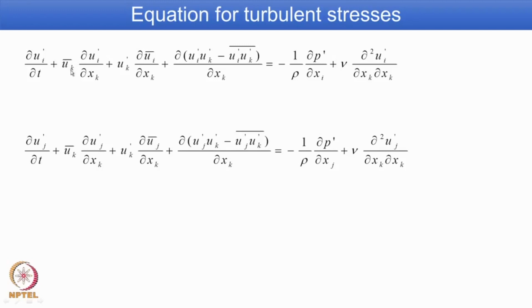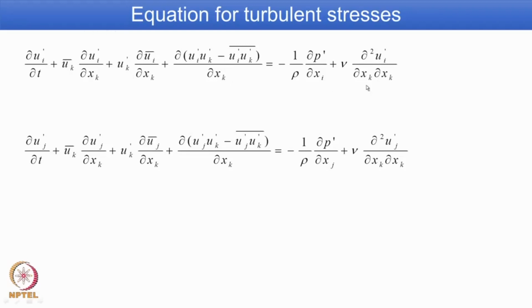So, in this case, for example, this is the original equation we obtained. I am rewriting that equation again with i replaced with j and k is retained, that is a repeated index. You can observe that for all the terms i is replaced with j and k is retained, the repeated index is maintained. It means it is an equation for fluctuating quantity, but for the other quantity uj.